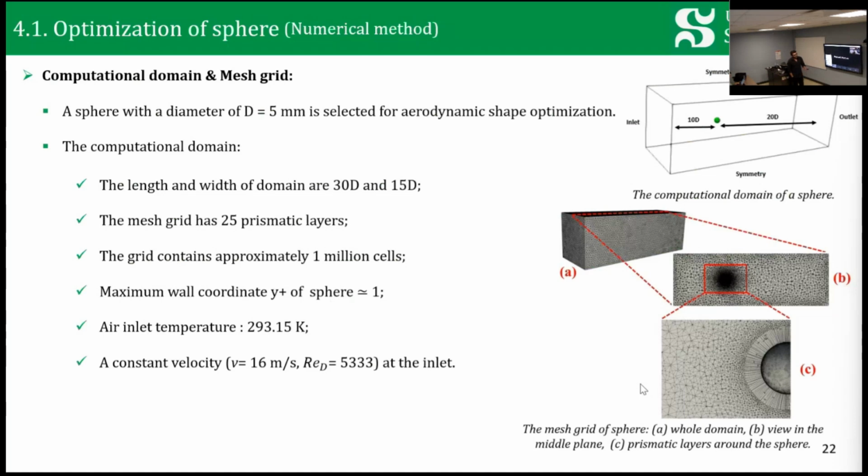We create a structured mesh with 25 prismatic layers, and the maximum Y plus around the sphere is around 1. And also a velocity of 60 meters per second is imposed at the inlet.